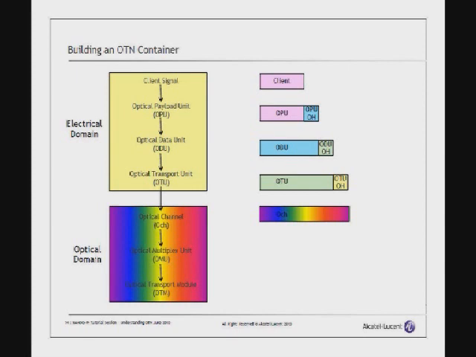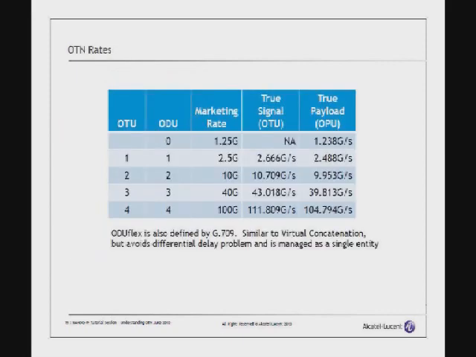onto the line system. And depending upon the bit rate, it will dictate what information is stuffed into the overhead. So the rates that have been defined are here at the transport unit, and this is the actual information that is put into the wavelength and then put out onto the line.